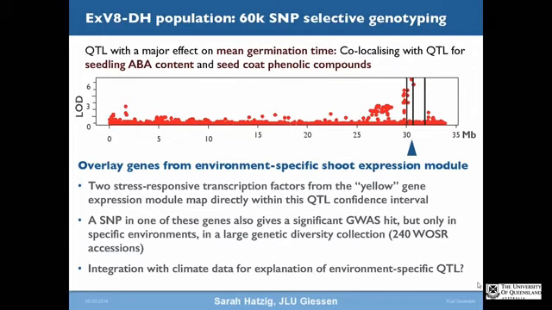And this is really interesting because we find 2 transcription factors in this particular yellow module, which both map within a biparental QTL, which is also a GWAS QTL. So it's a QTL which is relevant in a very diverse material. But this particular QTL doesn't always show up. It's an environmentally specific QTL.